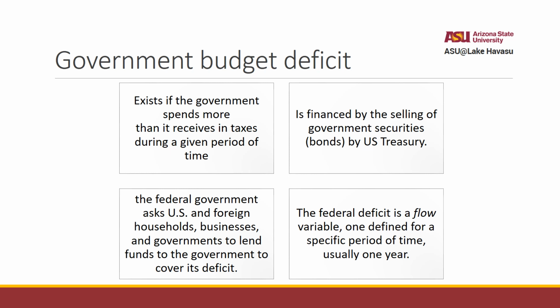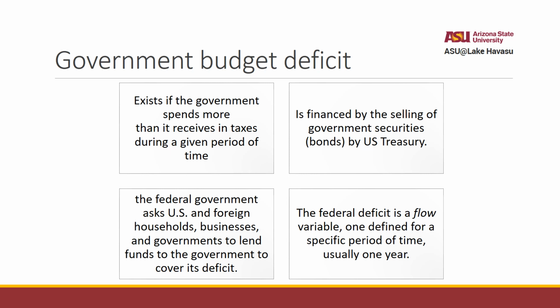This happens if government spends more than it receives in taxes during a given period of time. So the government has to finance this shortfall somehow, right? So for that, what are the different possibilities?